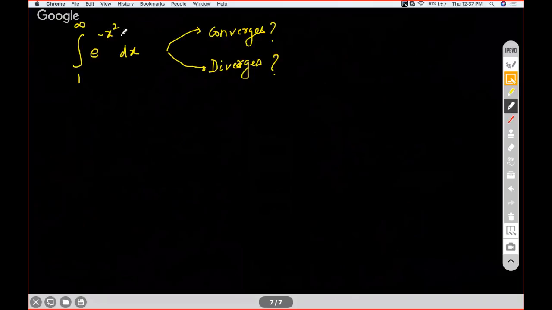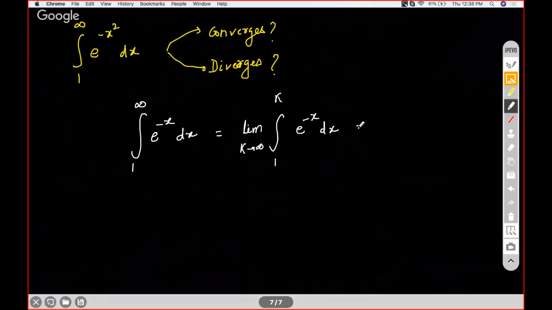Had there not been x square, had there been x, can we evaluate this integral? Yeah, like solve it normally. But I thought you mentioned one day that for the graph of e raised to minus x, the area under it will always be a finite value, right?